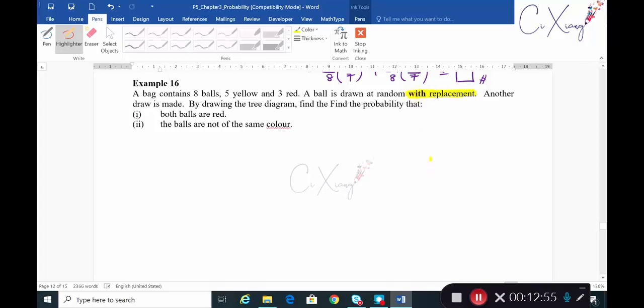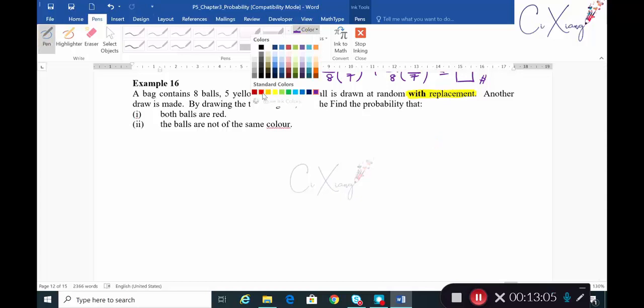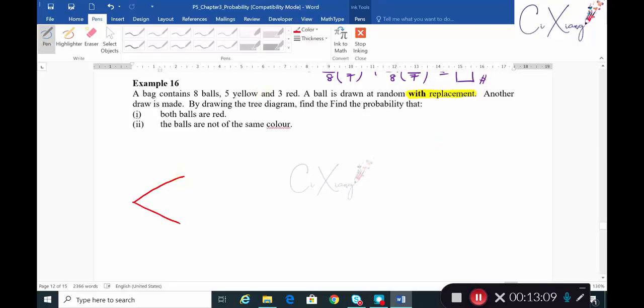I mean after you take out a ball, you replace it back into the bag. Then after that, you take out the second ball again. Alright, so generally, the tree diagram that you draw is still almost the same as in example 15. You're having the first ball, yellow and red.